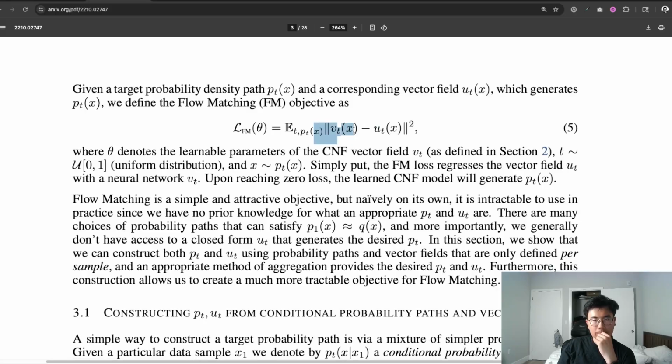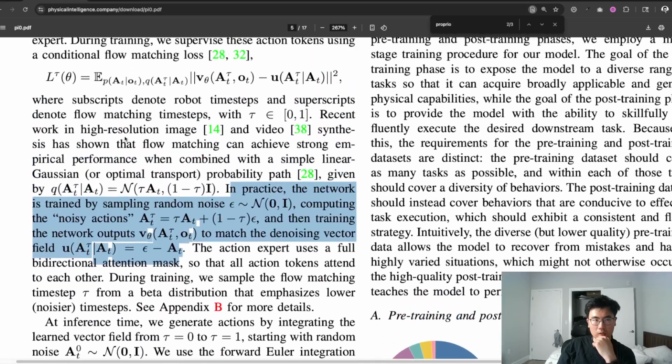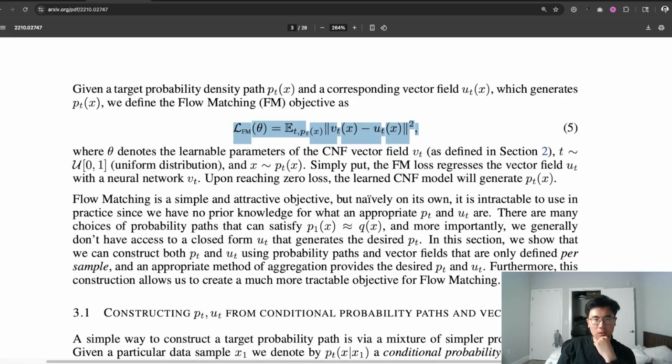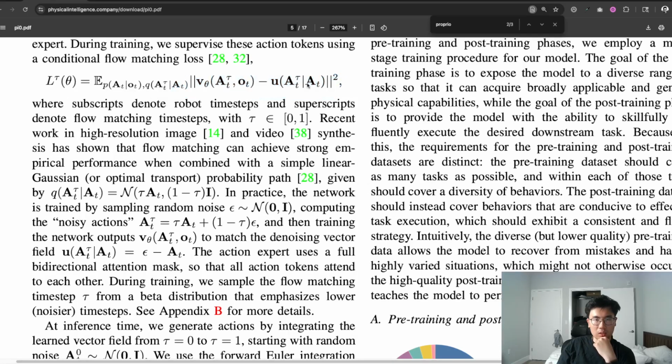Yeah, this is exactly what we saw. This is essentially the flow matching loss, which is this, with slightly, instead of U of t or U of x, it's U of AT given AT.